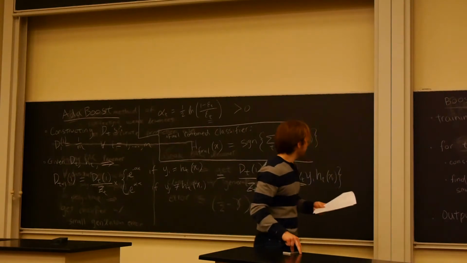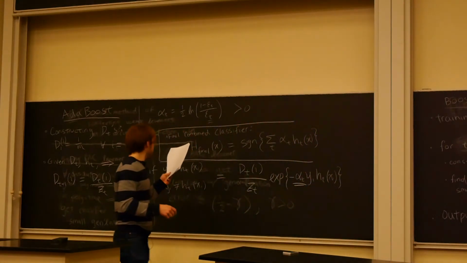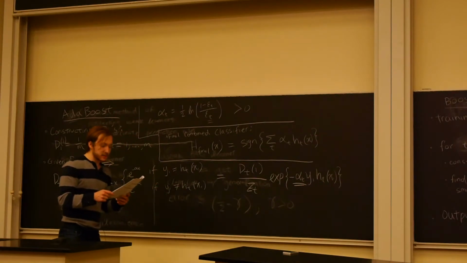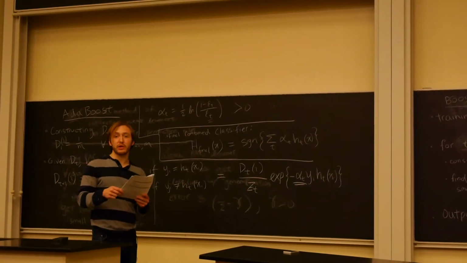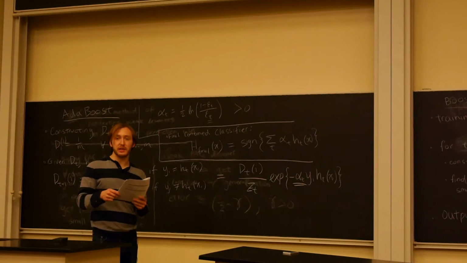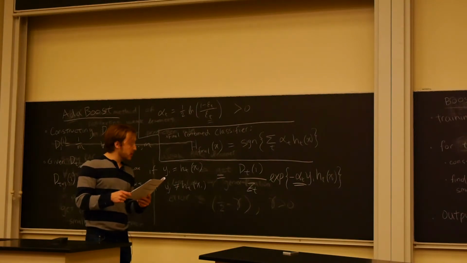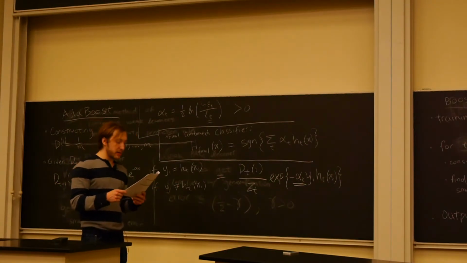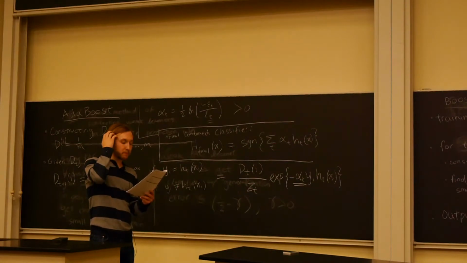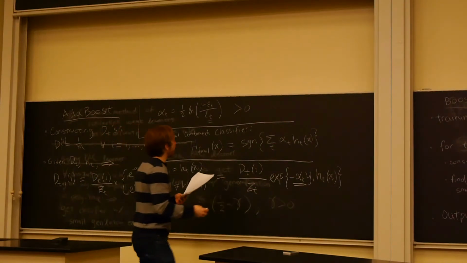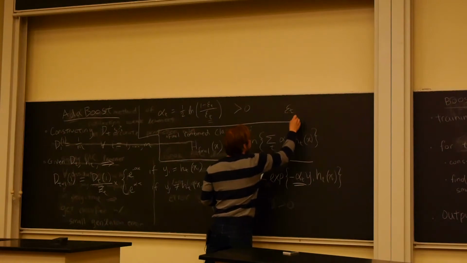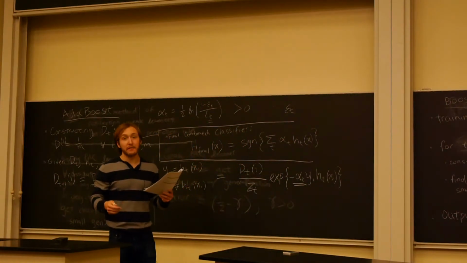Okay, so this alpha sub t term that we've defined, you can think of it intuitively as the importance of your t-th weak learner, or your t-th hypothesis. Alpha is always greater than or equal to 0 if the error for the weak learner, epsilon sub t, is less than or equal to 1/2.